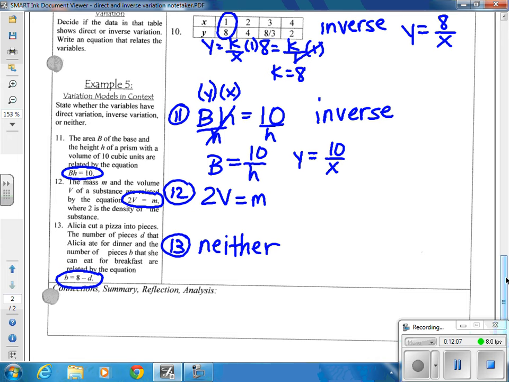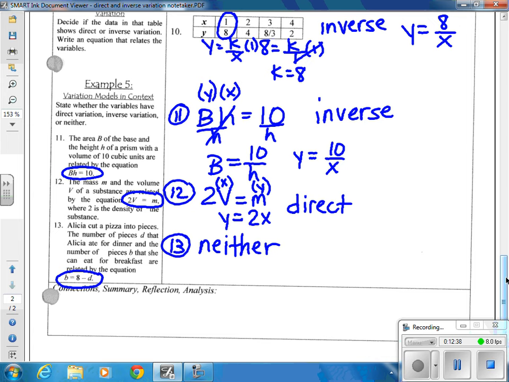So if we think of our volume as our X and our mass as our Y value, it is written as Y equals 2X, which when it's written that way, you're pretty safe in telling the difference between inverse and direct. This obviously is going to be a direct because it looks very similar to that direct formula.